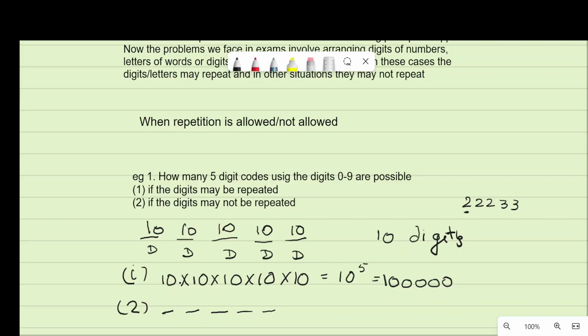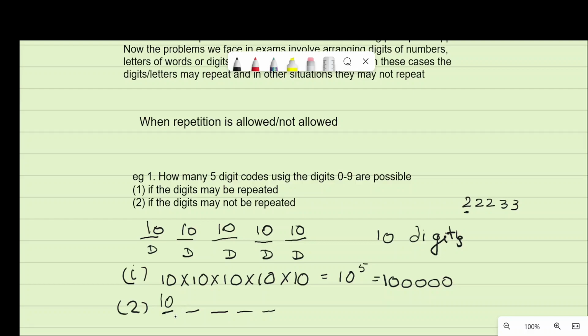How many digits do you have? You still have all the 10 digits available. So first position, you still have all the 10 digits available.